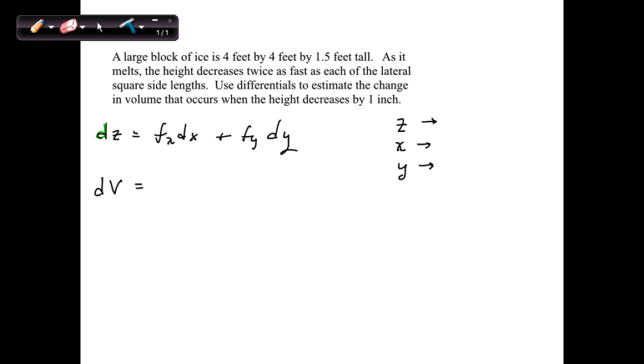The height and then the side length of the squares. Okay, good. So z is like volume, y is like height, and x is like, say, s for side length, so f sub s ds.